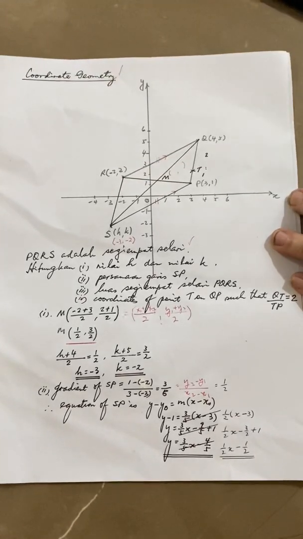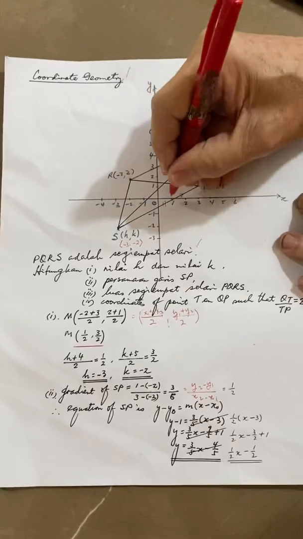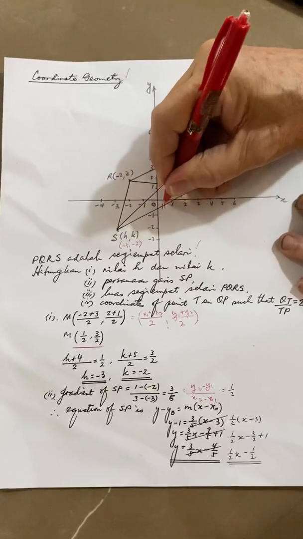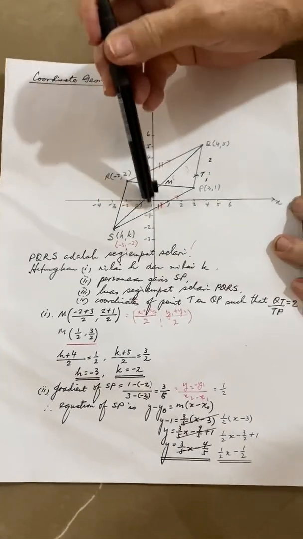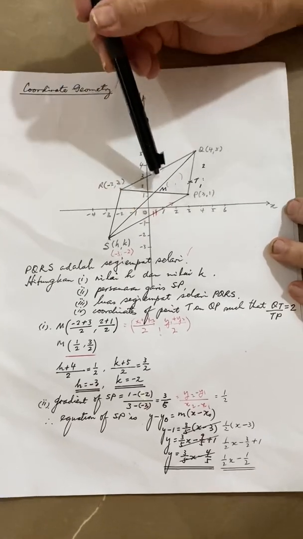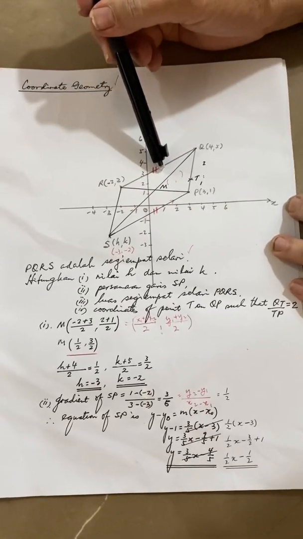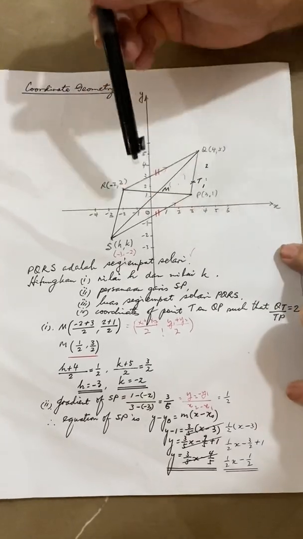Now, although we know an essential property and sufficient property of a parallelogram is one pair of opposite sides are parallel and equal, that is sufficient. But that is not very useful for solving questions like this.